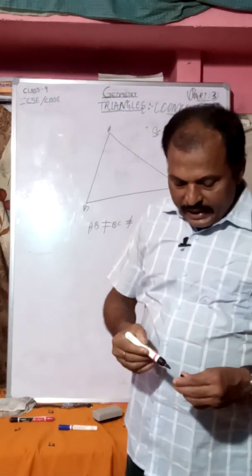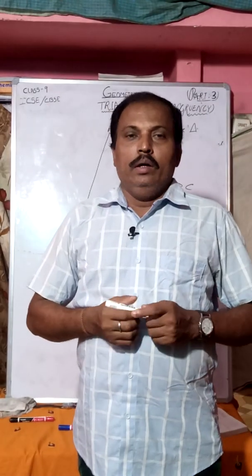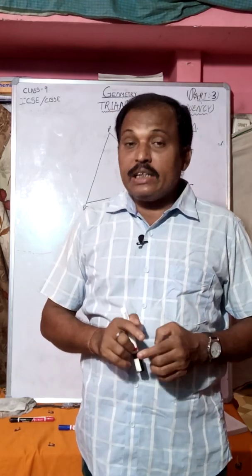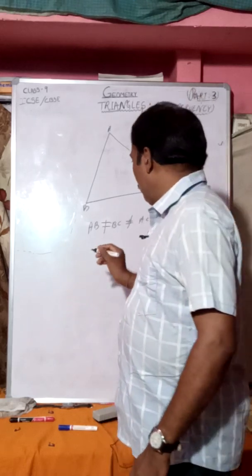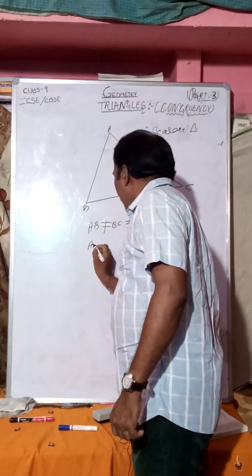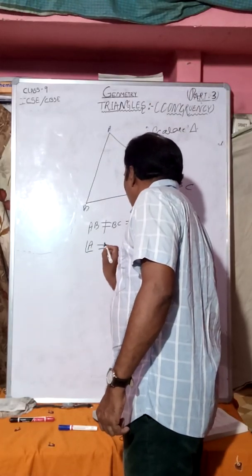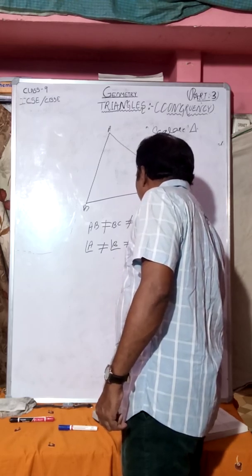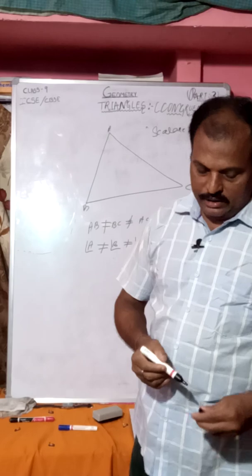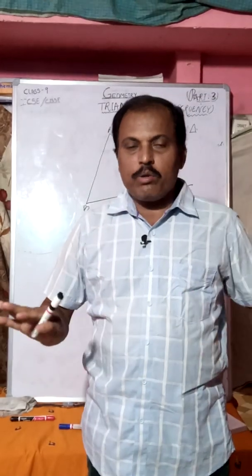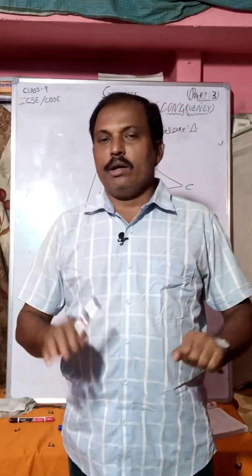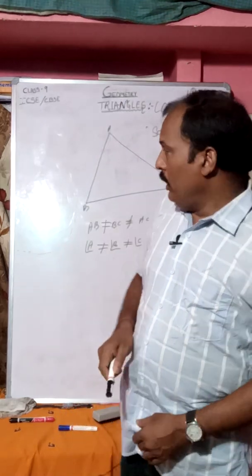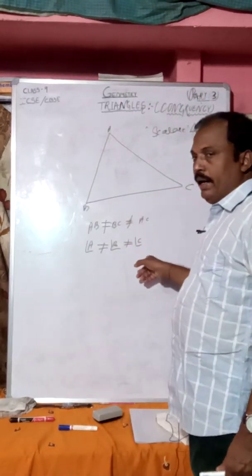If in a scalene triangle no sides are equal, so no angles are also equal. Angle A is not equal to angle B, is not equal to angle C. This is the common thing. If no side equal, no angles are equal. No sides equal, no angles equal.